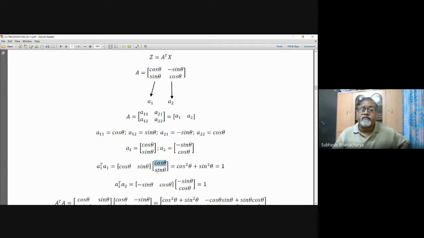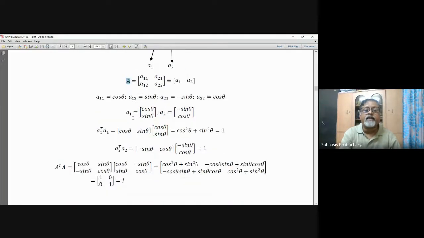The result is cos square theta plus sin square theta, which is 1. A similar thing happens for A2 transpose A2, which is also 1.